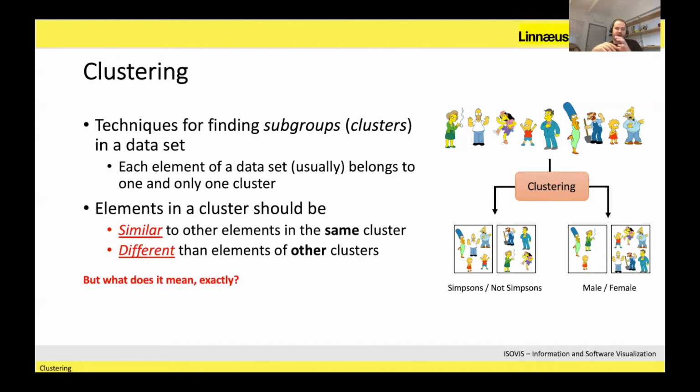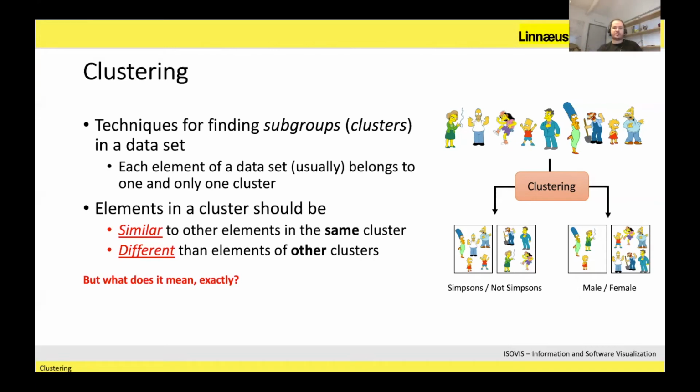Actually, I think the separation between male and female is more salient. So different people might have separated these characters into different groups, and it's the same with different clustering algorithms, because different clustering algorithms will look at different perspectives of the data in order to define similarity.